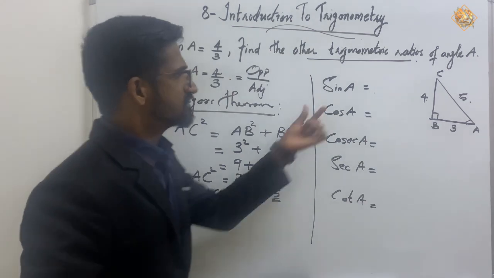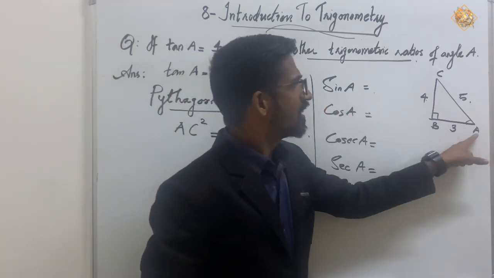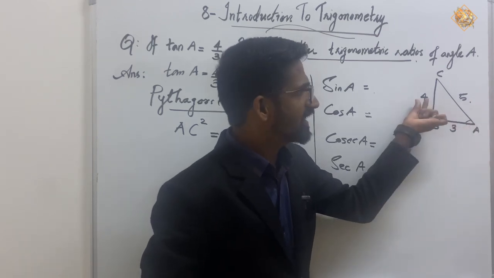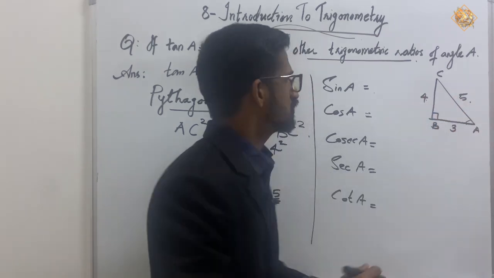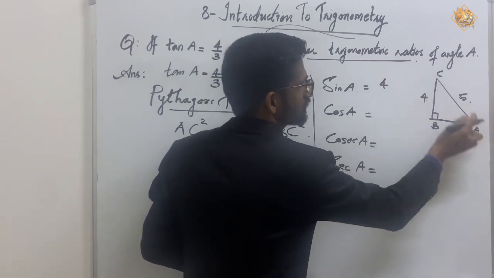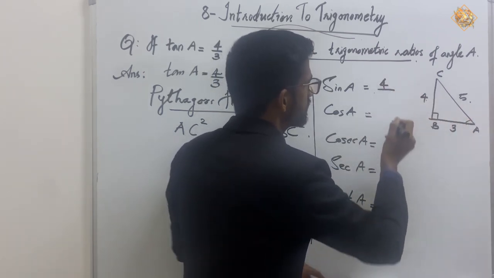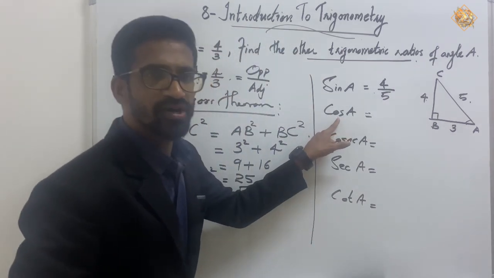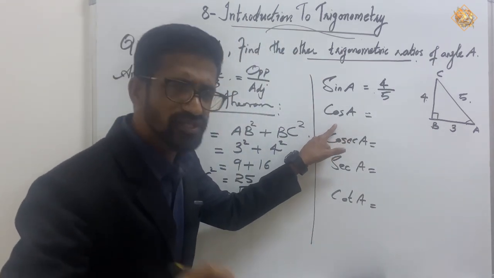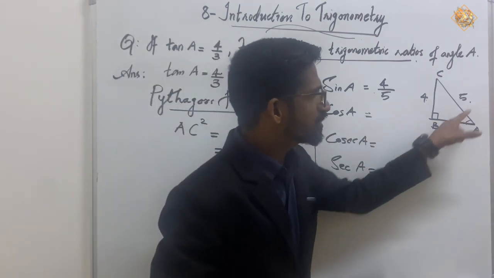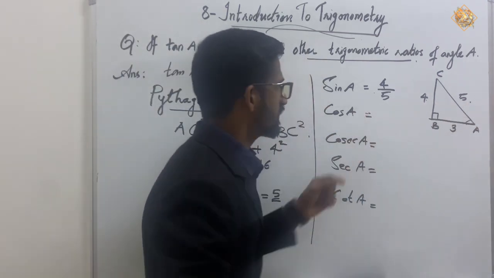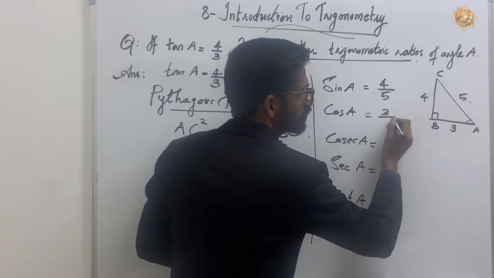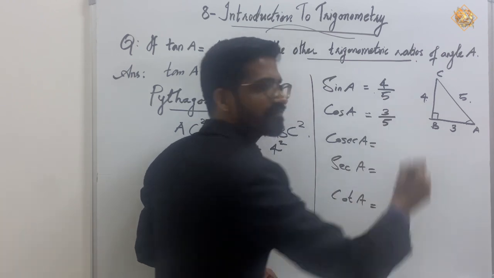By definition, sine A is opposite by hypotenuse, so it is 4 by 5. Cos A, by definition, is adjacent by hypotenuse, so cos A is 3 by 5.